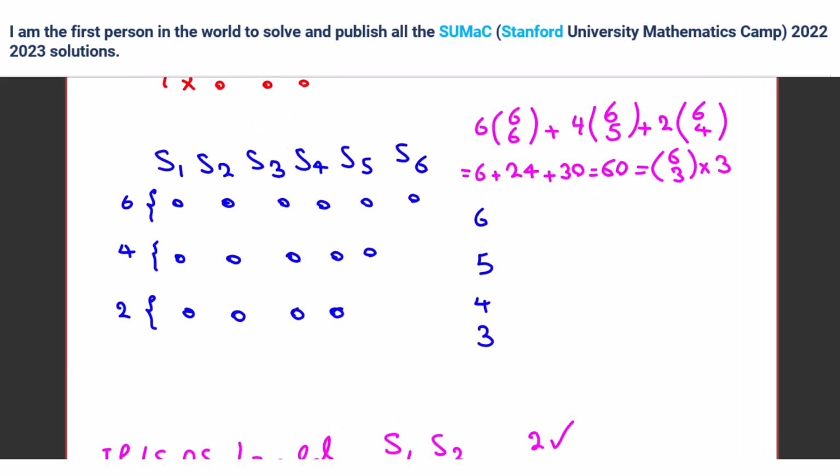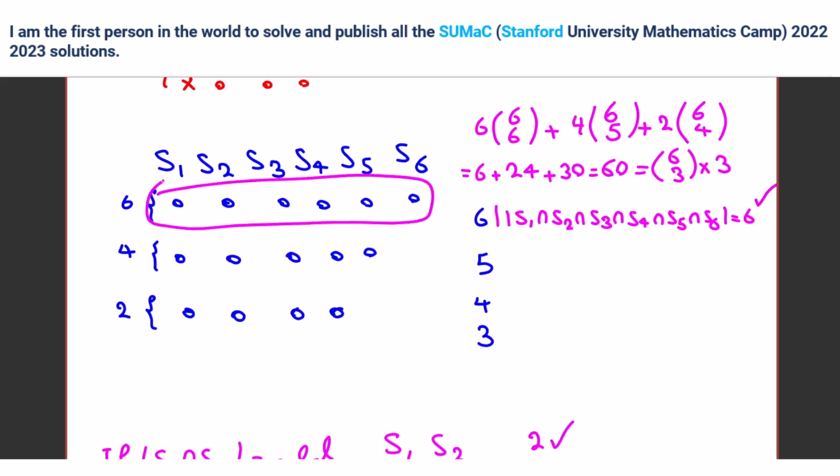But we should pay attention to whether it satisfies these conditions or not. 6 should divide S1 to S6. What is this equal to by this distribution? Just 6 elements, which satisfies it.